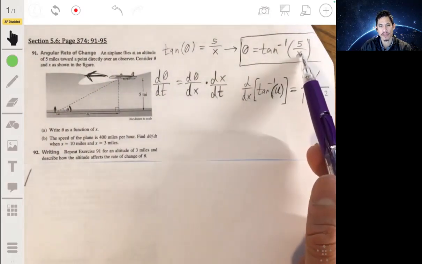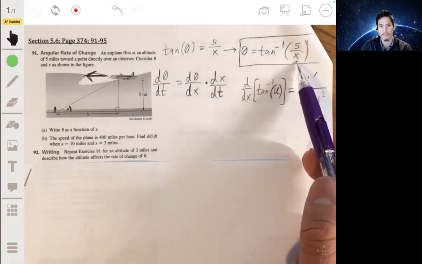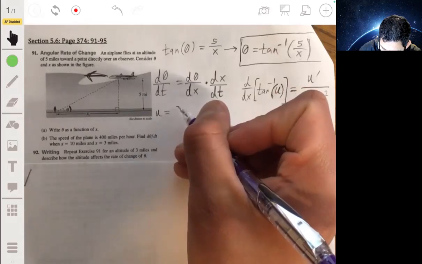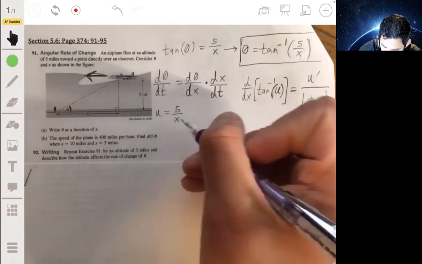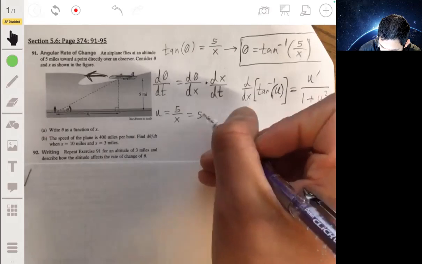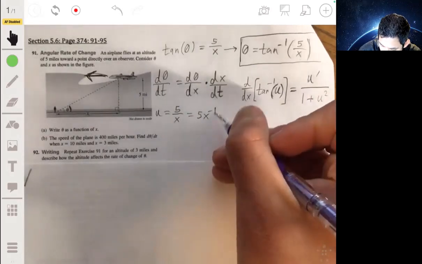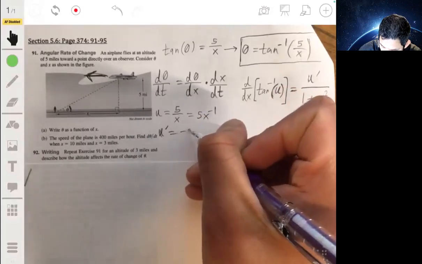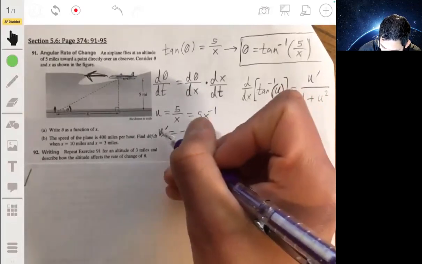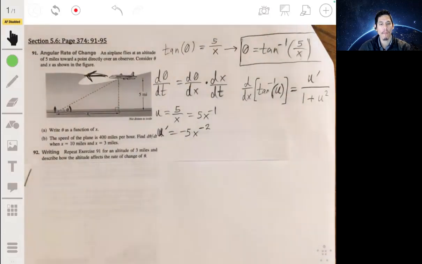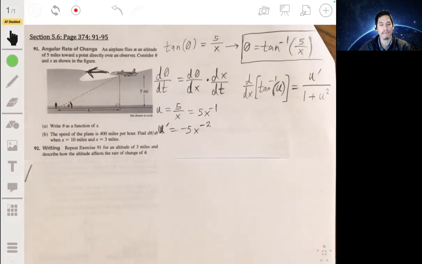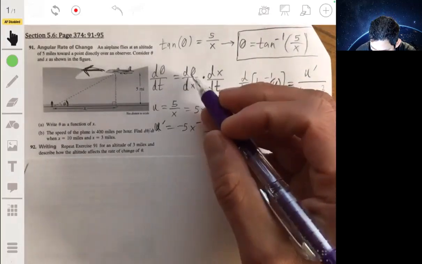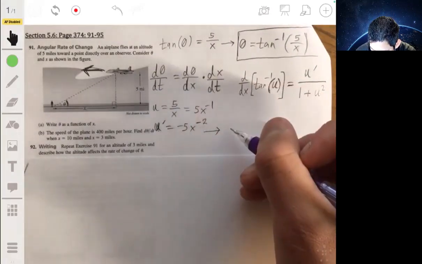So in this case, we can think of u as 5 over x. So using u substitution, u is 5 over x, which is the same as 5x to the negative 1. And then u prime will be negative 5x to the negative 2. So with that, we can then find d theta dx.